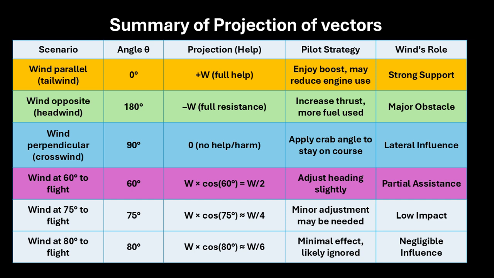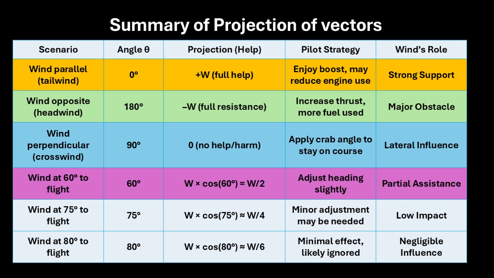Maybe not directly the wind and the aircraft, maybe something else. But going through this explanation would definitely help you to solve those. Statement 1, statement 2, or assertion reasoning, maybe. We don't know. We never know, actually.